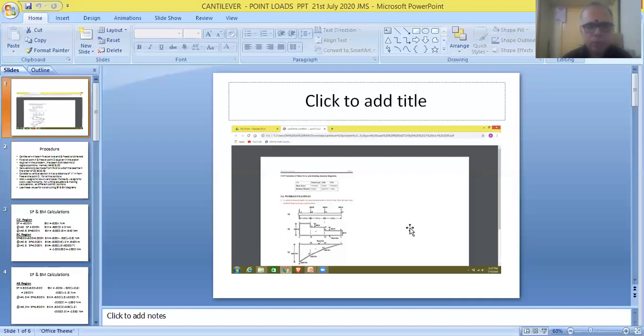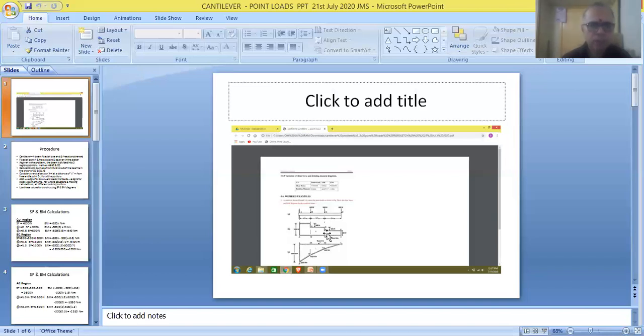So friends, using this data, we have to make calculations of shear forces. Also, we have to make calculations of bending moments, and by taking all the values of shear forces and bending moments, we have to construct two diagrams.